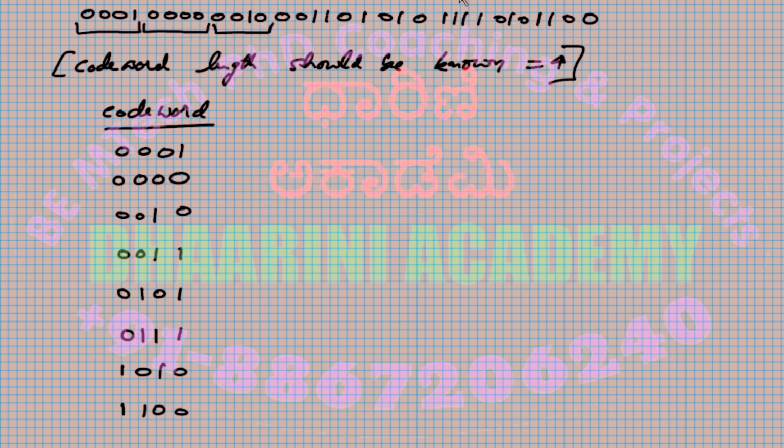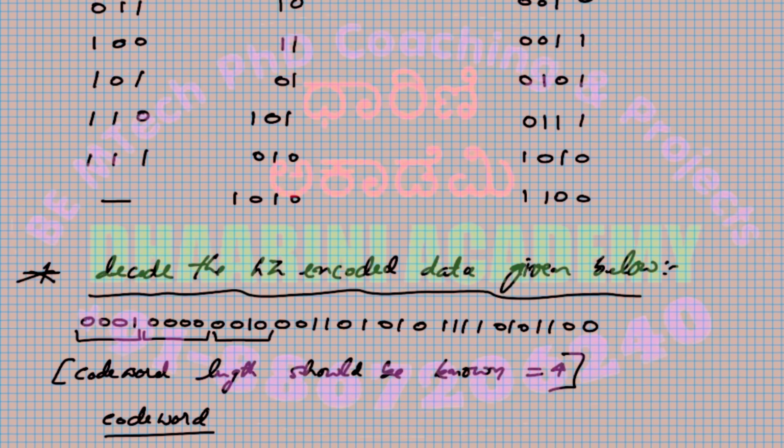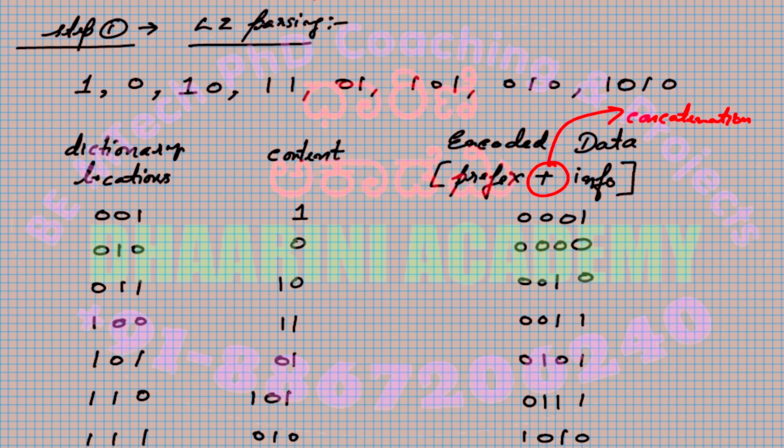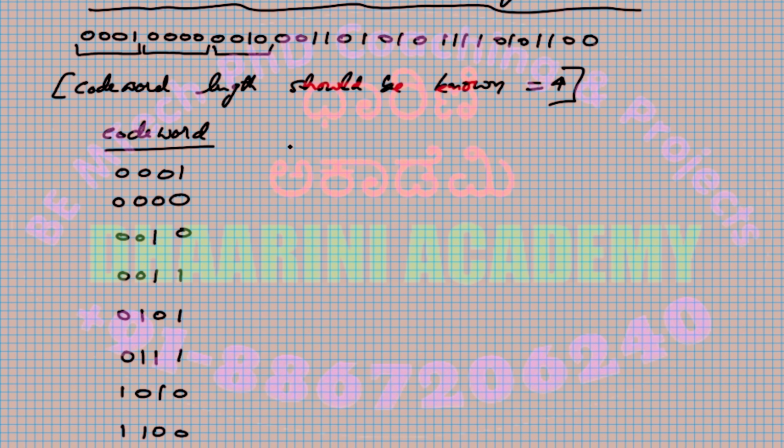This is the code word. Now I'll try to extract my data directly. We called it the info, right? So the info, what I see there, that itself is what I'm trying to extract.